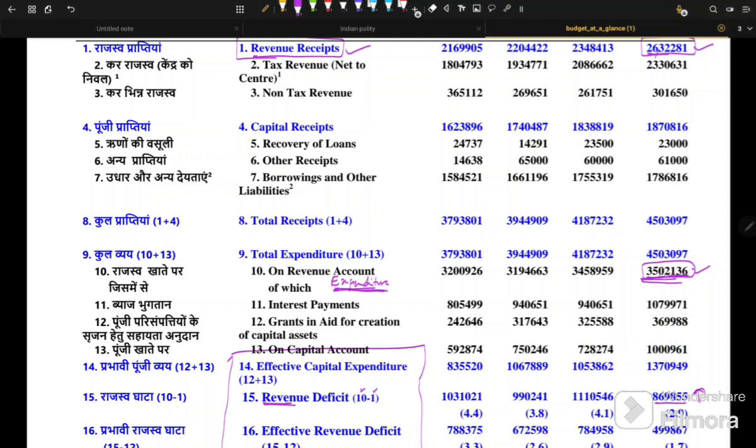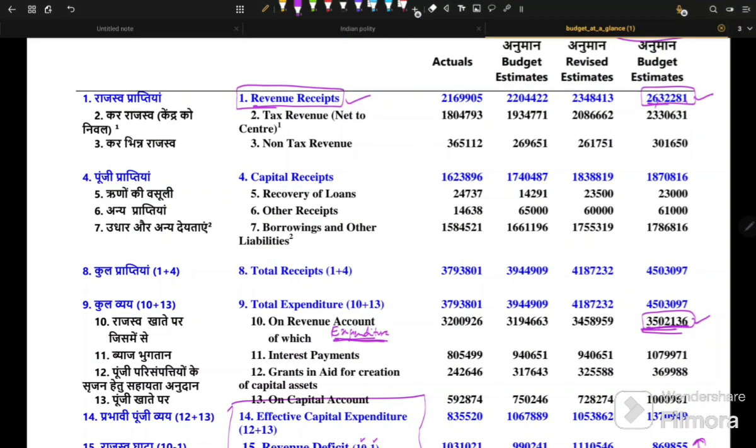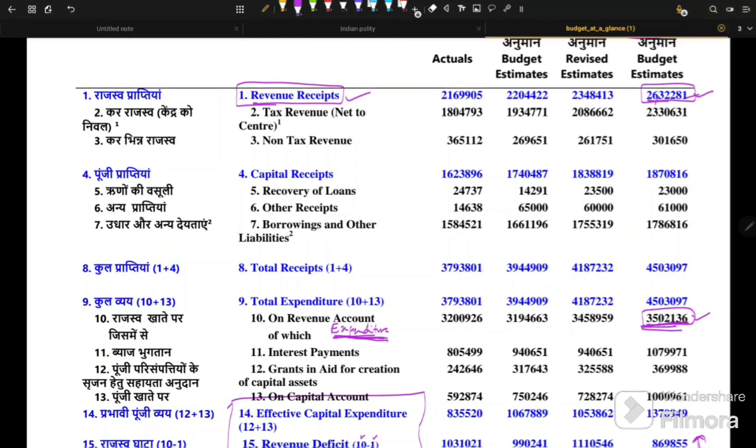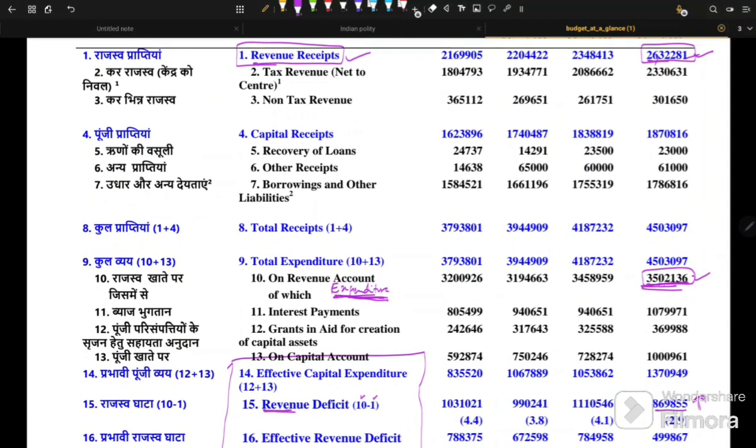Because revenue expenditure is more than revenue receipt. We know revenue expenditure is just the expenditure for day-to-day administration. It is not creating any asset for the country.